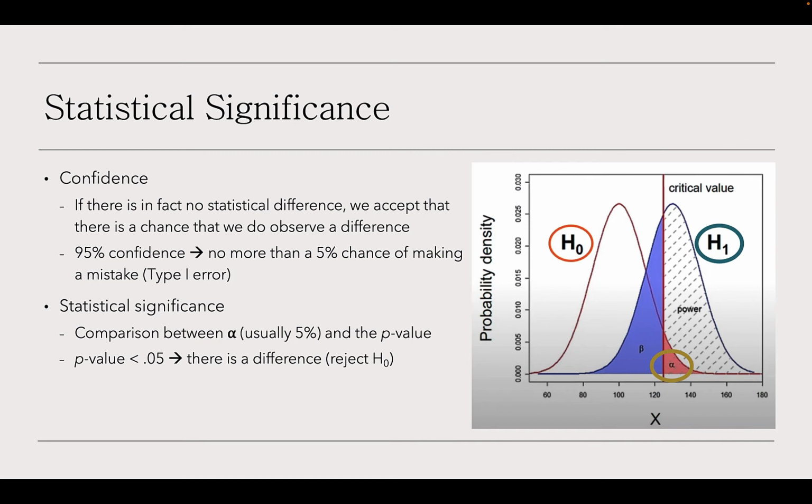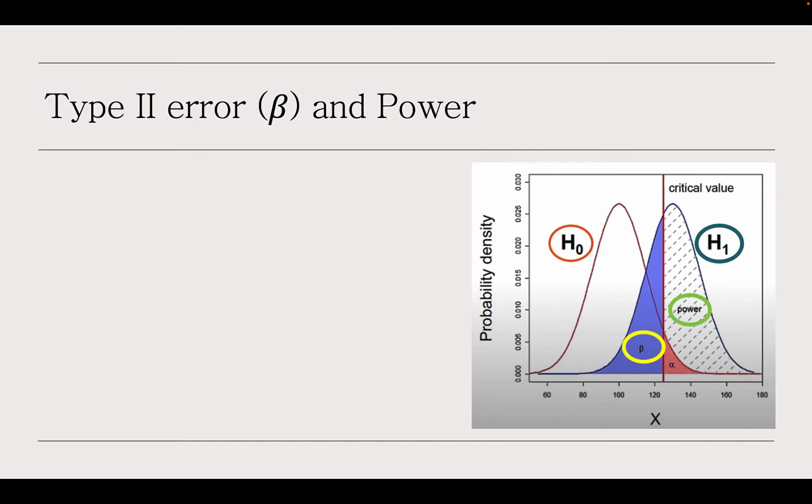If the p-value is smaller than 5%, then we reject the null, and we're concluding here that there is a difference. And if the p-value is greater than 5%, then we're concluding there's no statistical difference and we fail to reject the null hypothesis. Similarly, if we use 1% as our alpha, then we're comparing our p-value to that 1%.